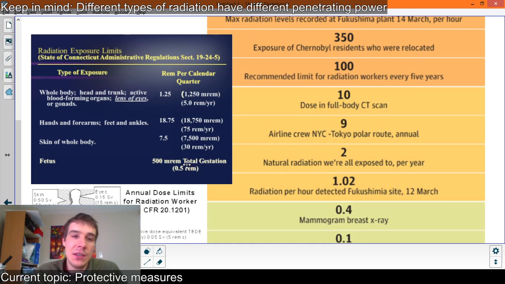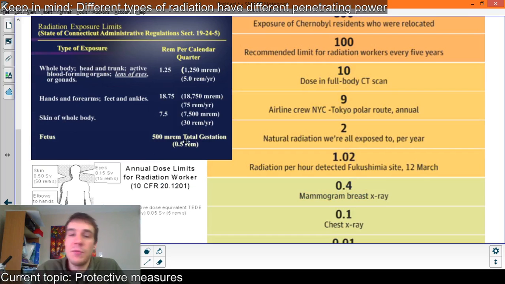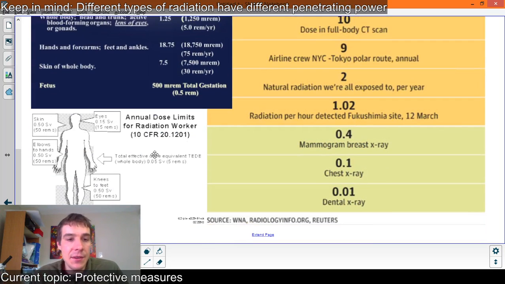So any mutation from the radiation will propagate through more of the baby as it grows. So yeah, they really care about how much you get when you're pregnant. Same thing with pregnant women; they're typically discouraged from getting X-rays and stuff like that because of the effect on the baby, or at least X-rays that will hit the womb.